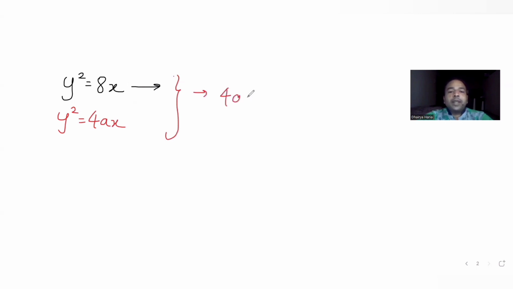So if I compare my parabola y square equal to 8x with the general form of the parabola y square equal to 4ax, I get 4a is equal to 8, and from that a is 8 upon 4, which is 2. So I get the value of a as 2 here.